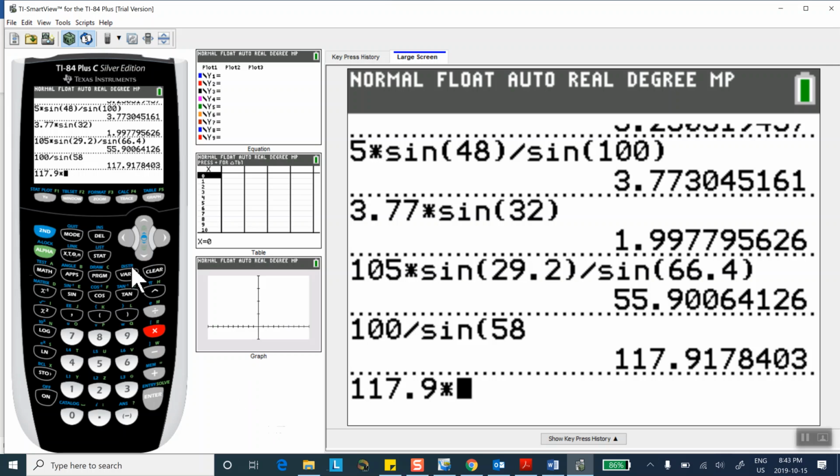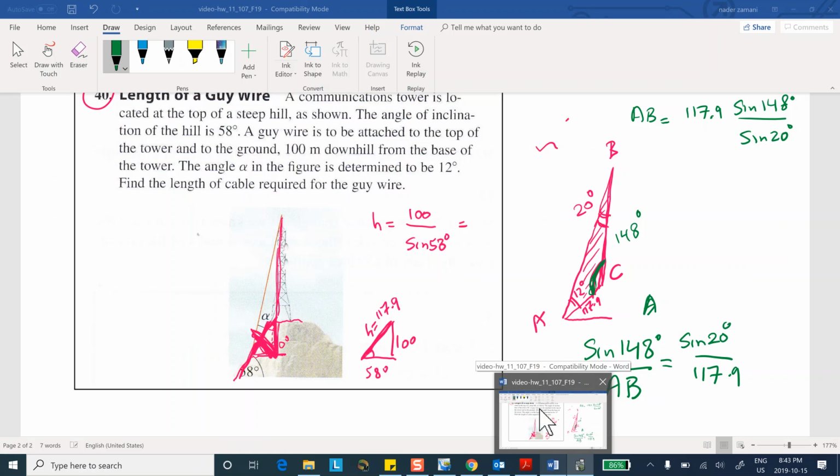One more time. 117.9 times sine, where's the sine here? There's the sine of 20 divided by sine, not the keyboard sign, this sine of, I can't remember now what it was.